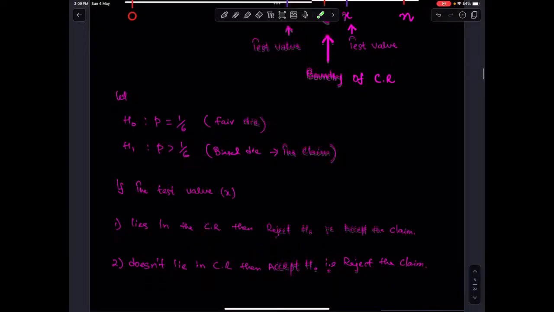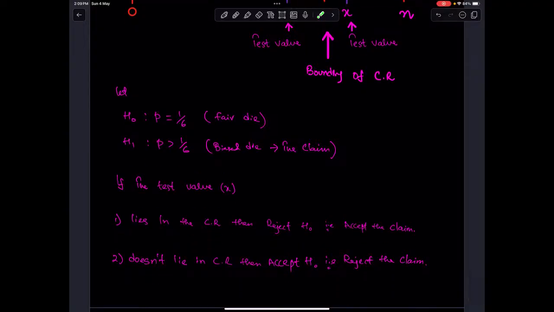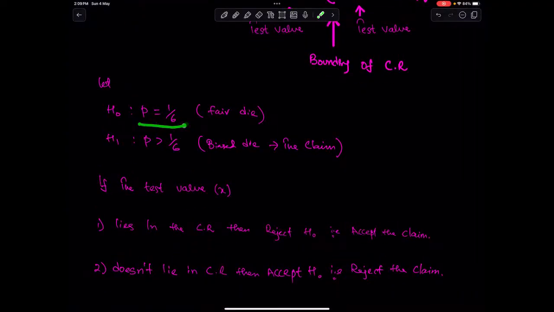This is an example. If H naught is P is 1 upon 6. Remember, in H naught we always write equal sign. In H1 we never write equal sign. We can write greater, lesser, or not equal. And this value of H naught is known as P naught, and we use this value in calculation. So if H naught is P is 1 upon 6, let's suppose a fair die.